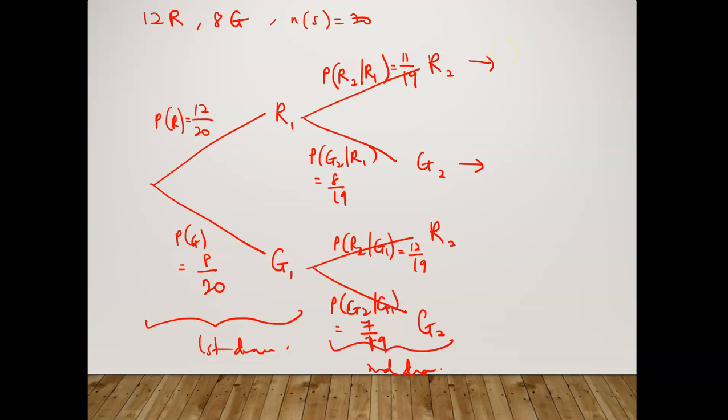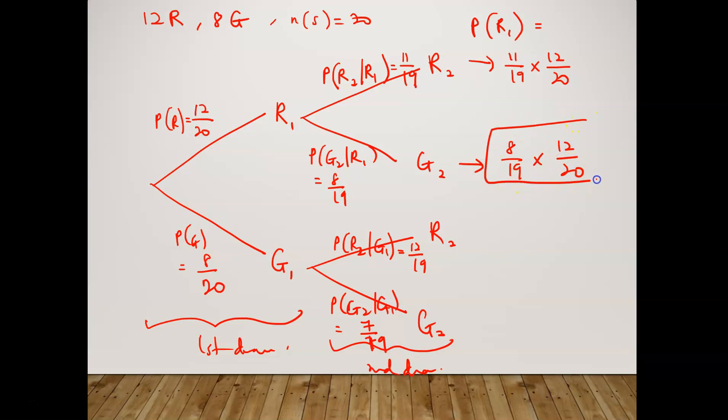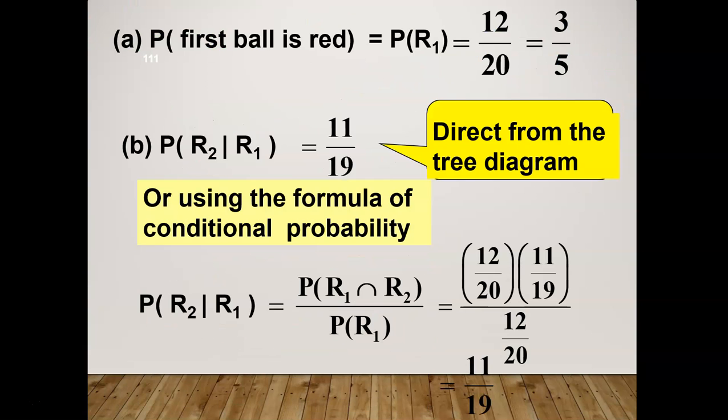The first ball is red, so we find the event of R1 only. It will be the addition of the first one, 11 over 19 times 12 over 20, plus 8 over 19 times 12 over 20. The addition of these two will give the probability that the first ball is red. I think that one should be clear.